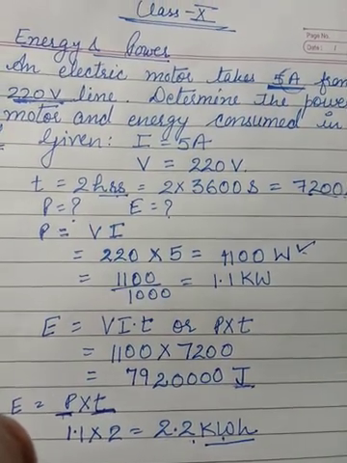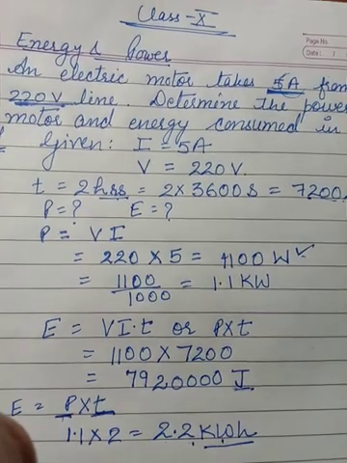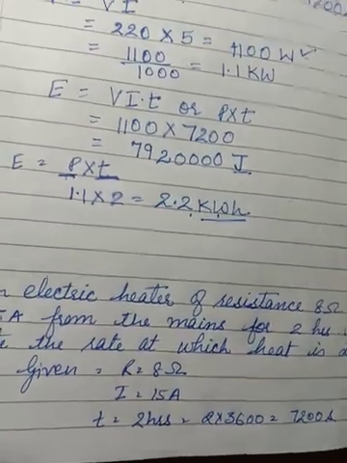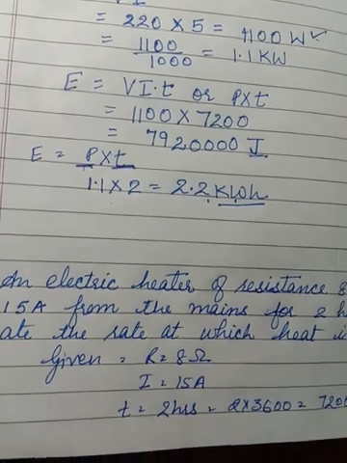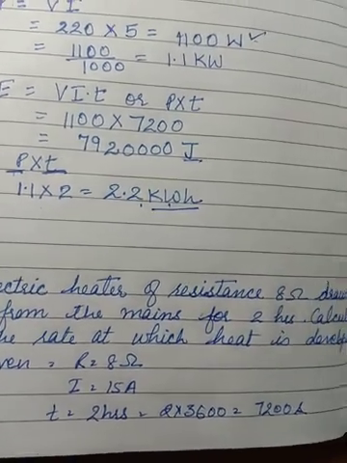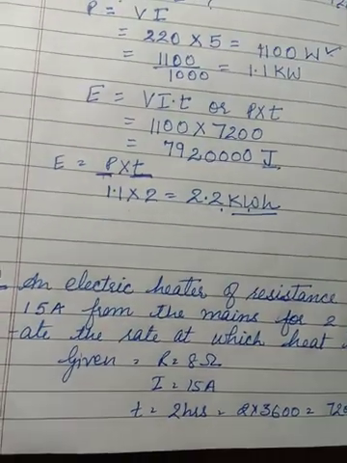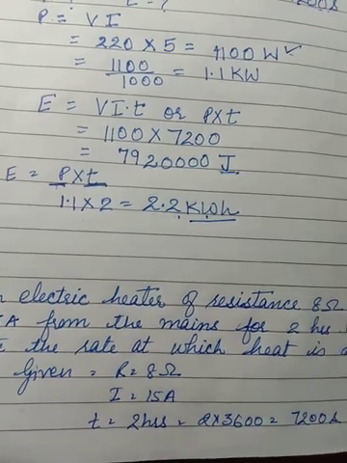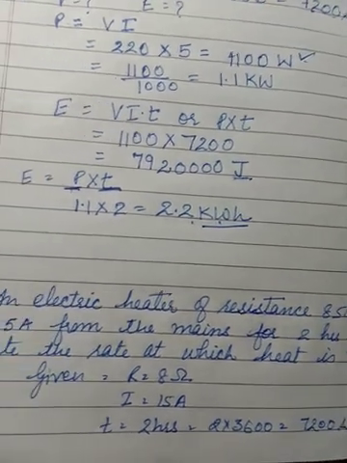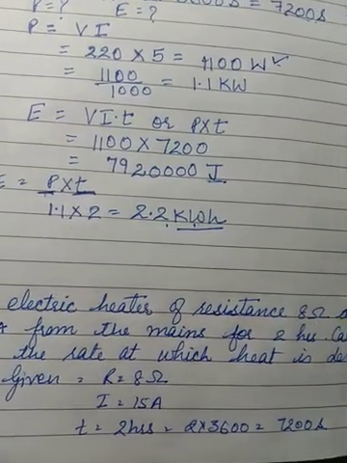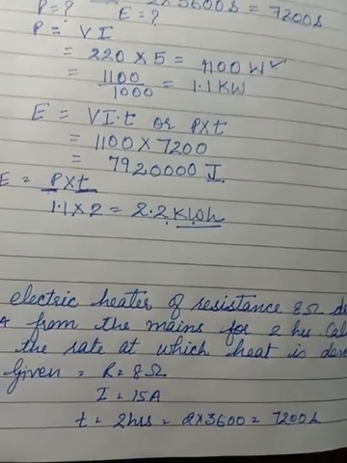Now we will take into consideration one more numerical. One more question that I am taking is: an electric heater of resistance 8 ohm draws 15 ampere from the mains for 2 hours. Calculate the rate at which the heat is developed.